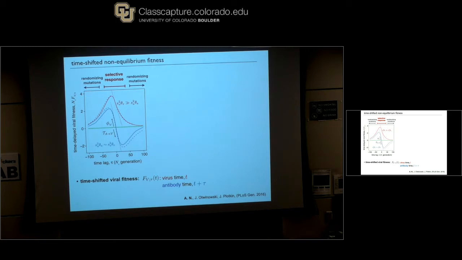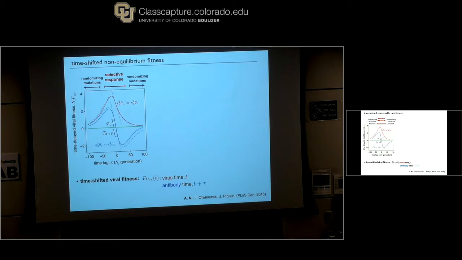So how can we quantify this? Before we had this divergence diversity curve that tells us what fitness flux should be. An interesting quantity to look at to characterize both fitness and transfer flux is time-shifted fitness measurements.